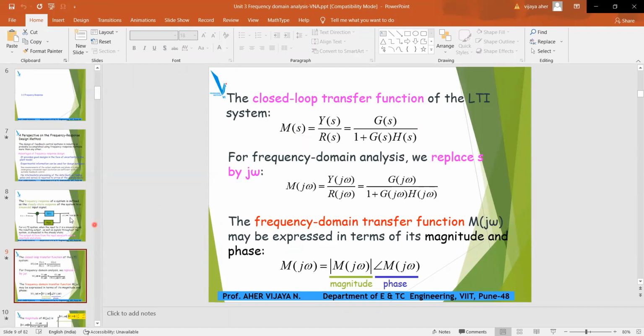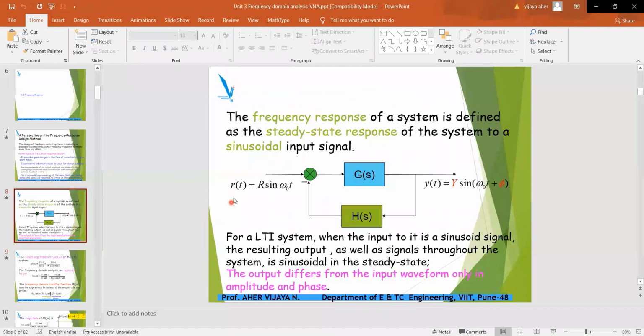So M of S is equal to, now see here, what is input? Input is r of t, output is y of t.